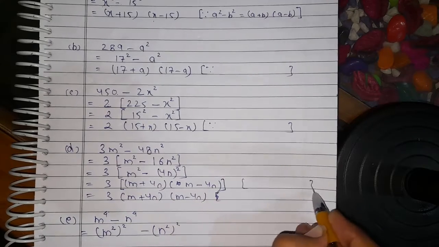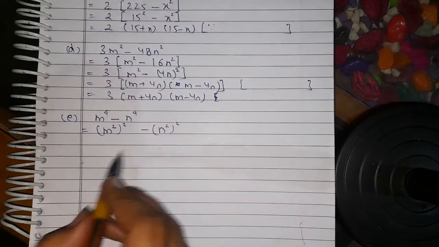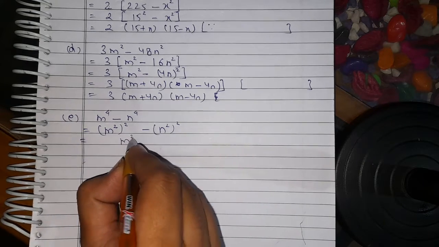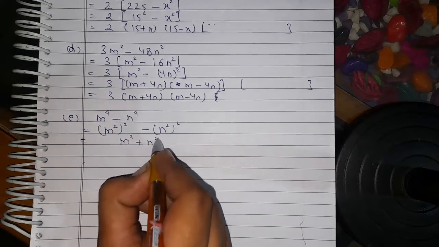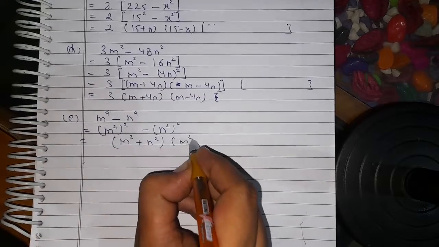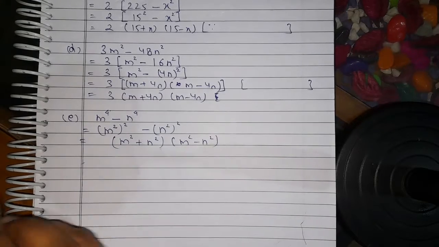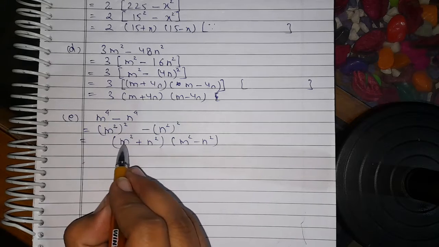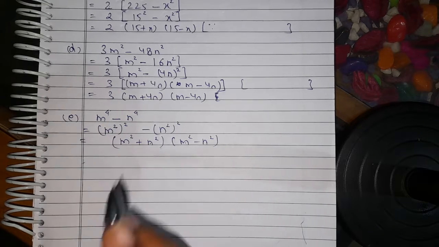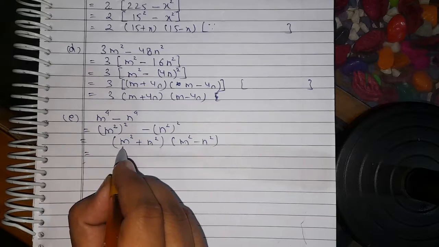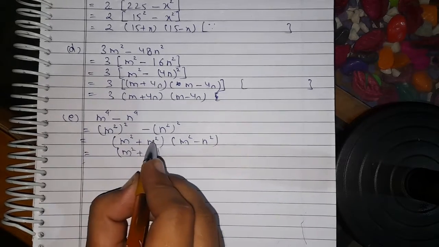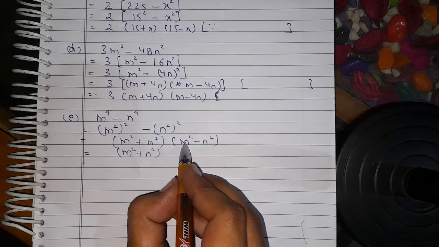Okay, now a is m square and b is n square. I can write (a plus b)(a minus b), because a is m square and b is n square. Now there is no identity for m square plus n square, but we know the identity of a square minus b square.